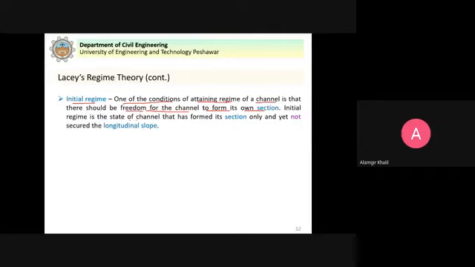Initial regime is the state of a channel that has formed its section only and yet not secured the longitudinal slope. The bed slope of the channel varies, while the cross section or wetted perimeter remains unaffected. So these are the conditions for the initial regime.